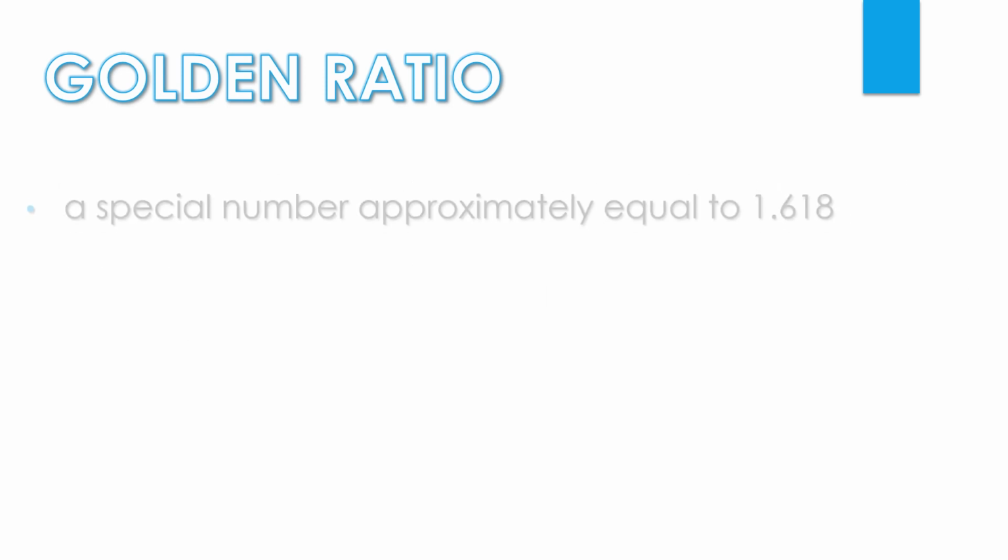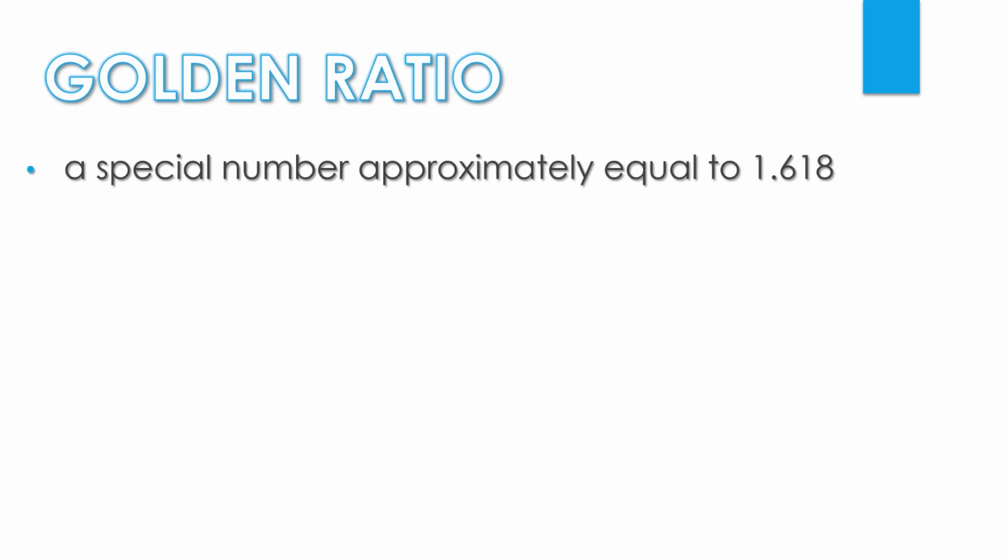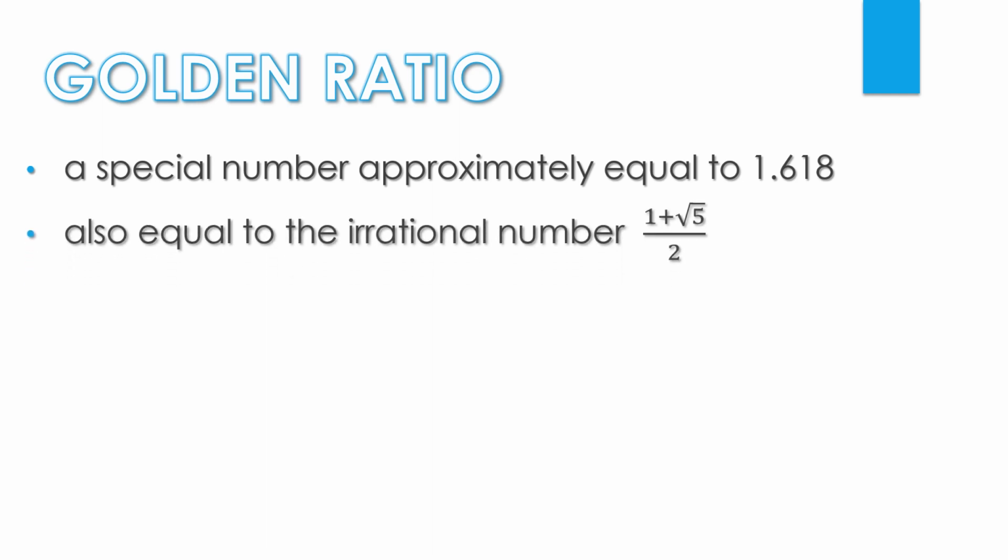Okay, next. The golden ratio is a special number approximately equal to 1.618. Later, we are going to discover bakit siya 1.618. It is also equal to the irrational number (1 plus the square root of 5) all over 2.